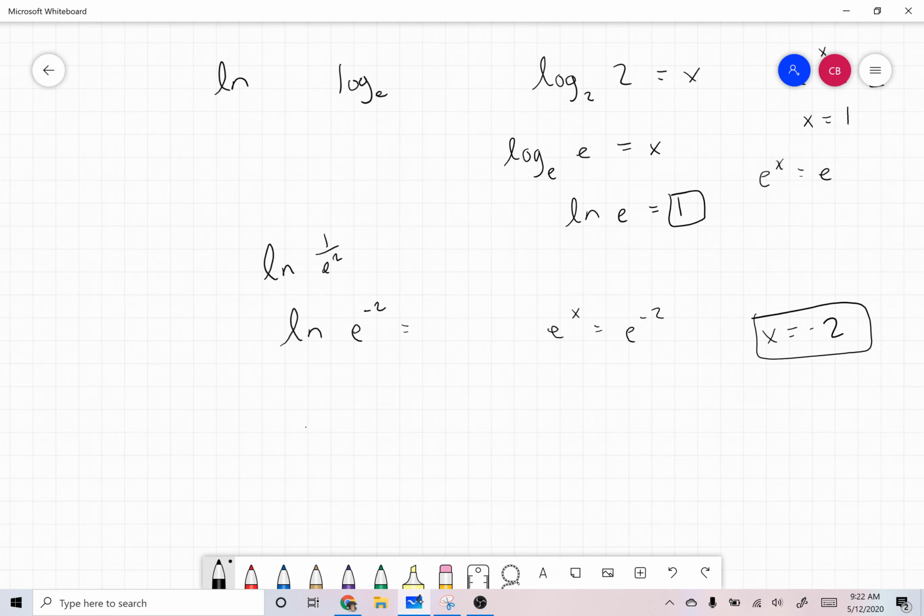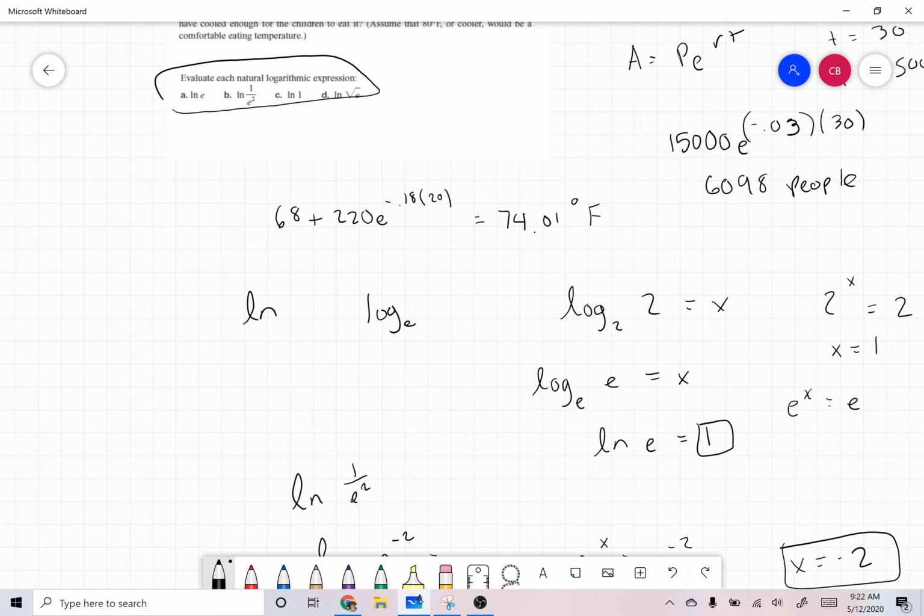Natural log of 1. Well, the only way to get 1 is if you have log base e of 1 is equal to x, then you have e to the x is equal to 1, which means x is equal to 0, because we know that anything to the 0 is 1. And so ln of 1 is equal to 0.